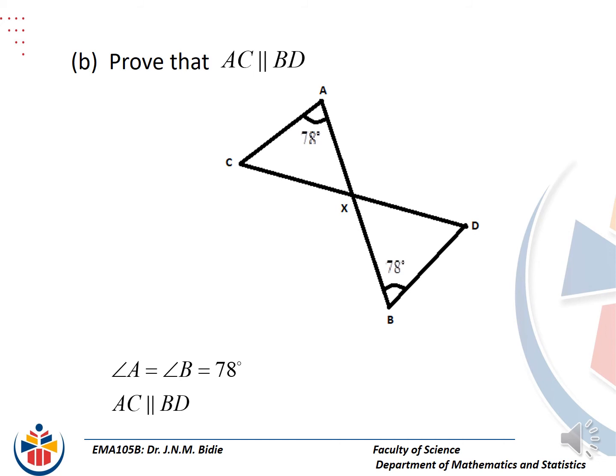Therefore, we have alternate angles. So as our reason here, it's given. Therefore, AC is parallel to BD, alternate angles.